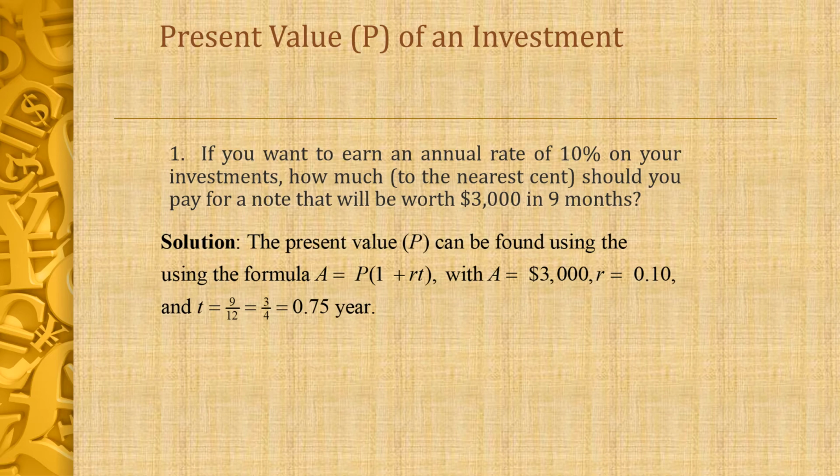So we have to calculate the value for P using the formula A equals P times (1 plus RT). The rate 10% will be 0.10. The time T, 9 months, will be 9 by 12, which is 3/4. Plugging in this result, we can easily get the value for P to be $2,790.70.